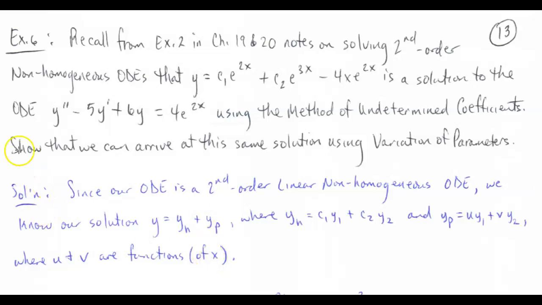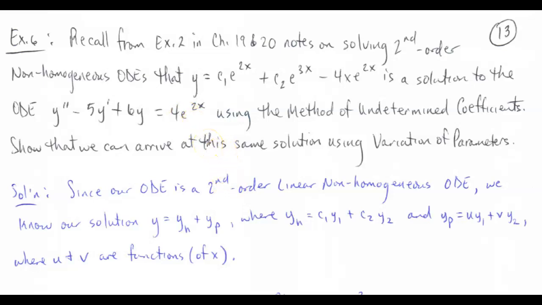What I want to show here is that although variation of parameters isn't necessarily used for these types of problems, where our g of x, our force function, is a polynomial, exponential, or sine and cosine function, we can actually use variation of parameters for those types of functions that we can handle via method of undetermined coefficients.